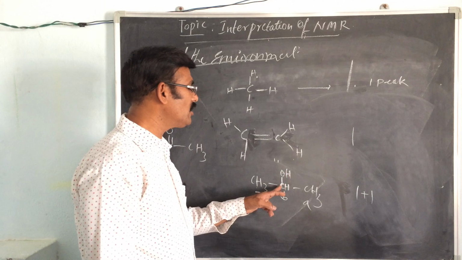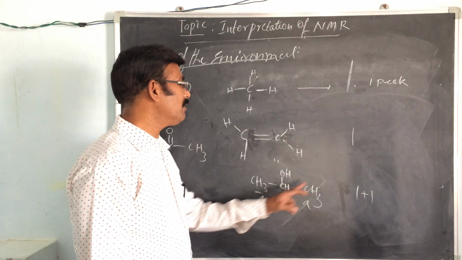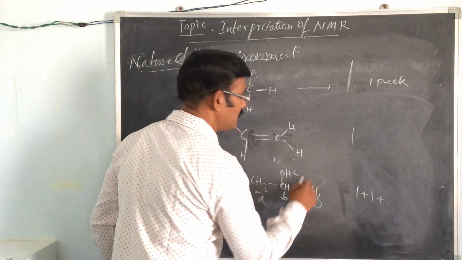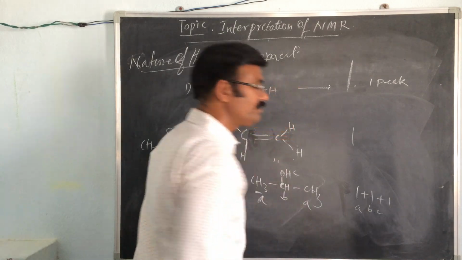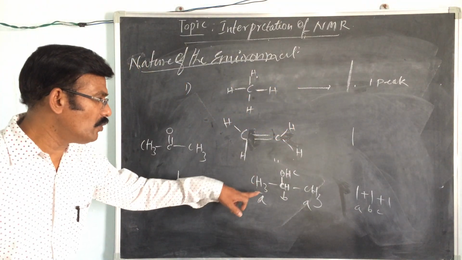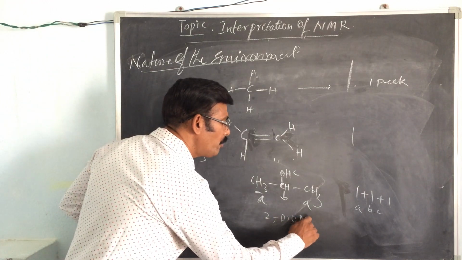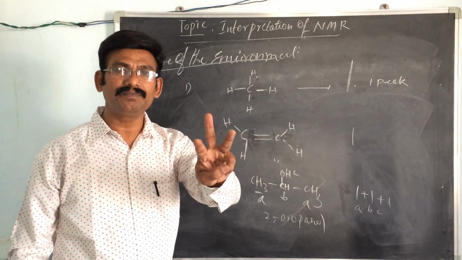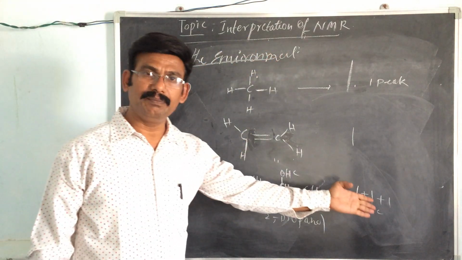Here one hydrogen attached to one carbon, so only one hydrogen is there. So one peak. And here, C. A, B, C means 3 peaks will come. This type of compound, 2-propanol, gives 3 peaks.